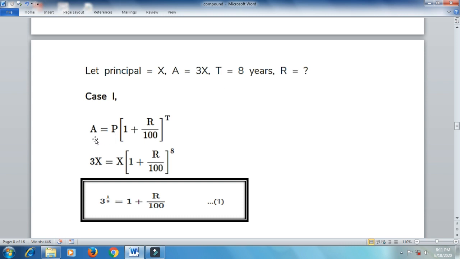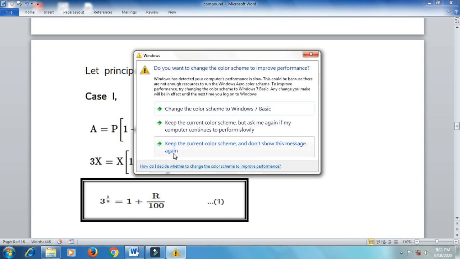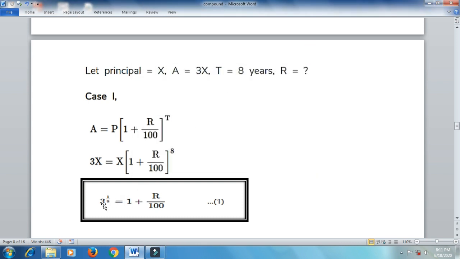After substituting in the formula A is equal to P into 1 plus R by 100 to the power N, where P is x, R is to be calculated, and N is 8 years, we get 3 is equal to (1 plus R by 100) to the power 8. x and x get cancelled. The power 8 goes to the other side and becomes 1 by 8. Mark it as result number 1.